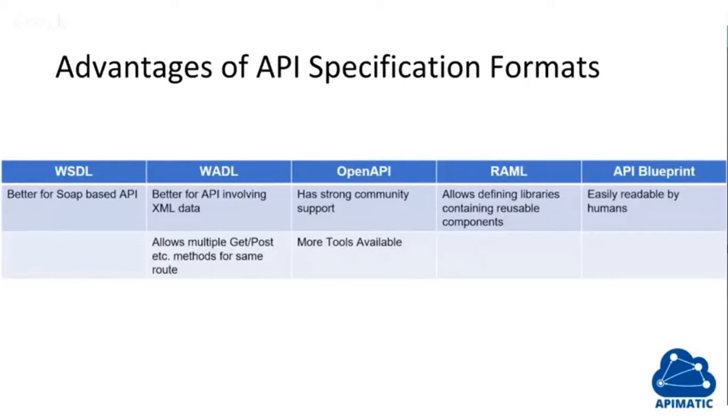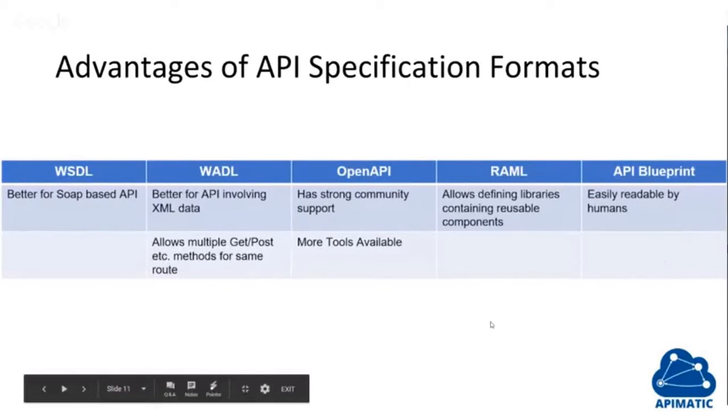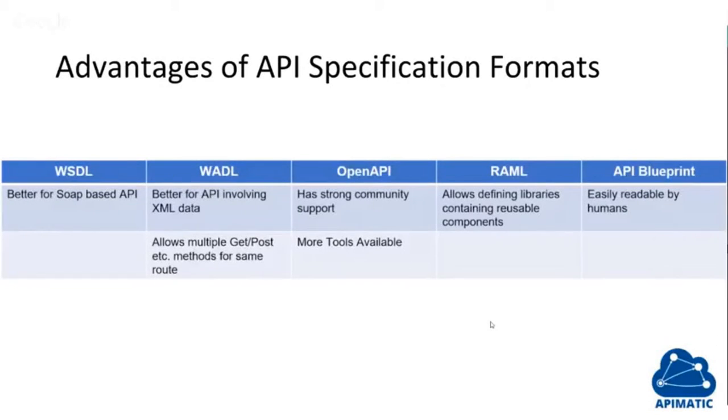Or if you want an API specification format that has huge open community support and is up and growing, OpenAPI would be the right choice. And if your API is not going to be consumed at a large scale, or you want the specification to be small, simple and readable by non-technical people, then API Blueprint is the way to go.